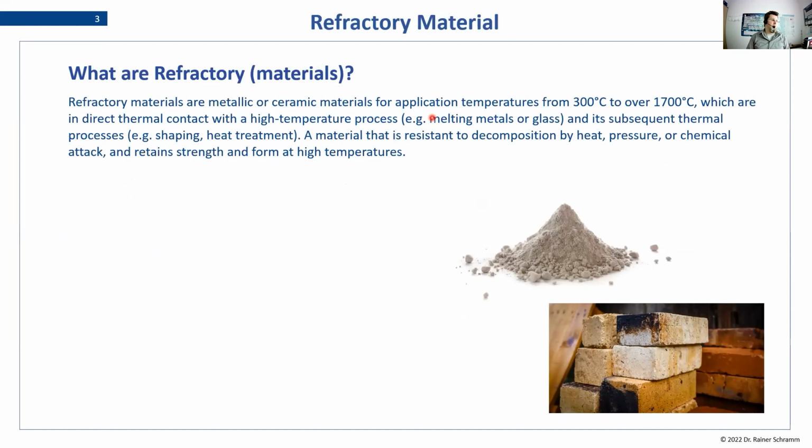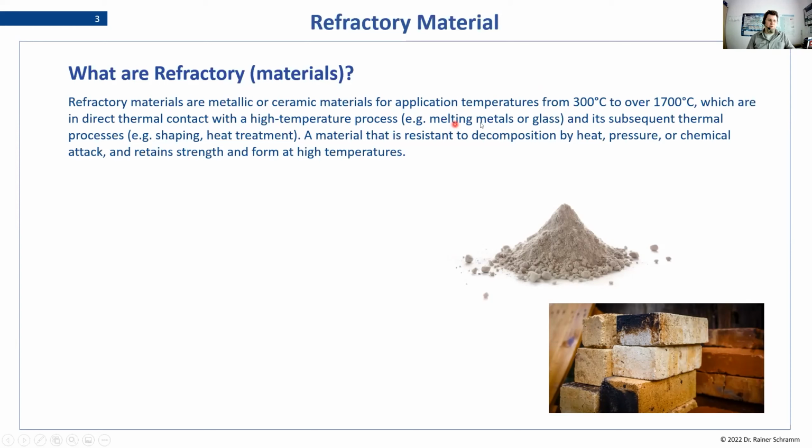Refractory materials are metallic or ceramic materials which are used for applications in high temperature ranges, at 300 centigrade up to 1700 centigrade. And they are in direct contact with the process or the material. So they have a direct contact with the product at a high temperature.